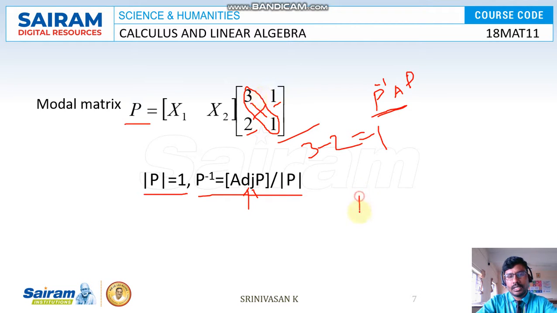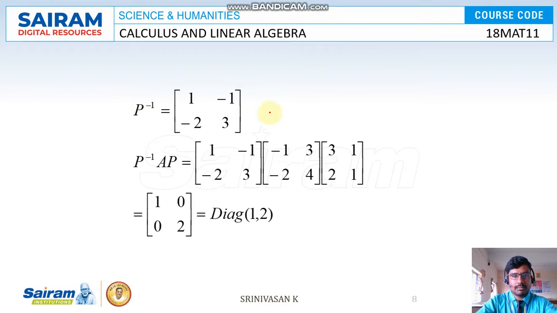If we interchange, we get 1, and this is 1, we change the sign, we get minus 1. This is minus 2, change the sign, and interchange this 2, so we get 3. So 1 minus 1 minus 2 3, that is the adjoint of P.